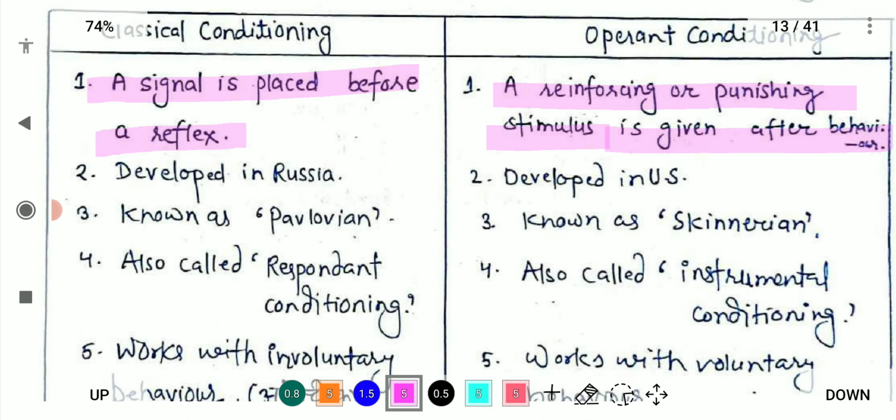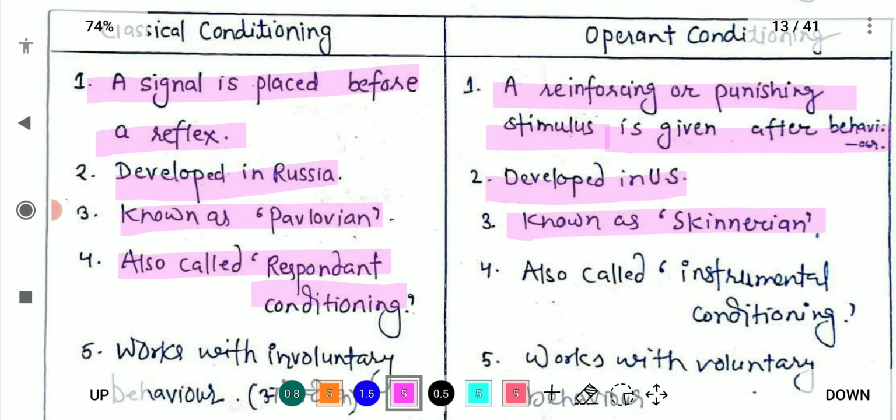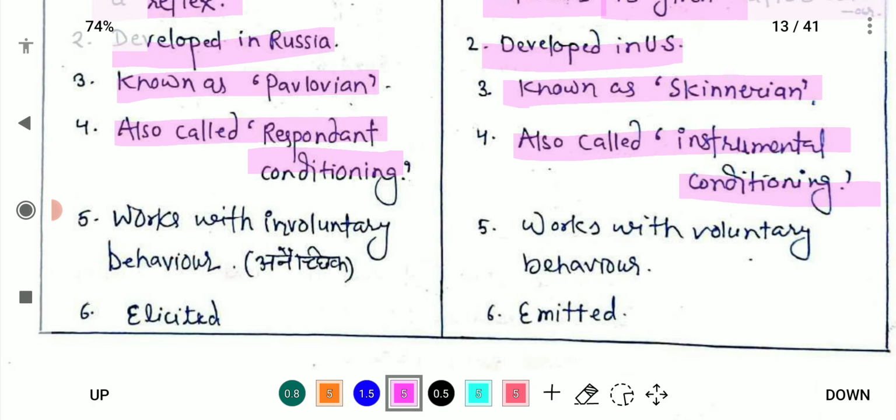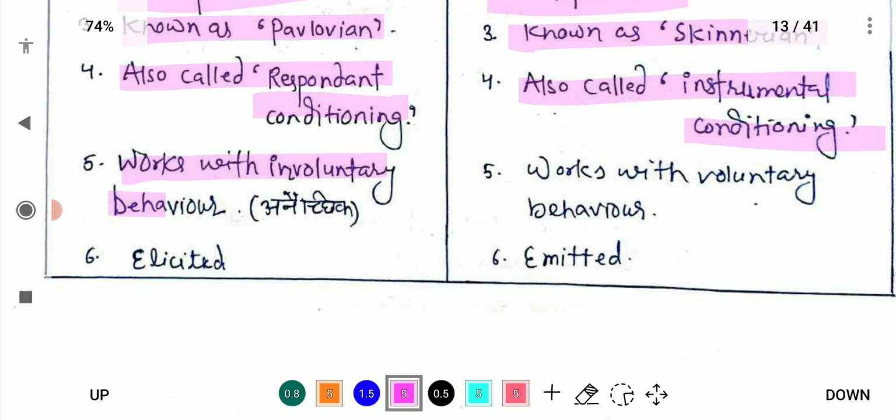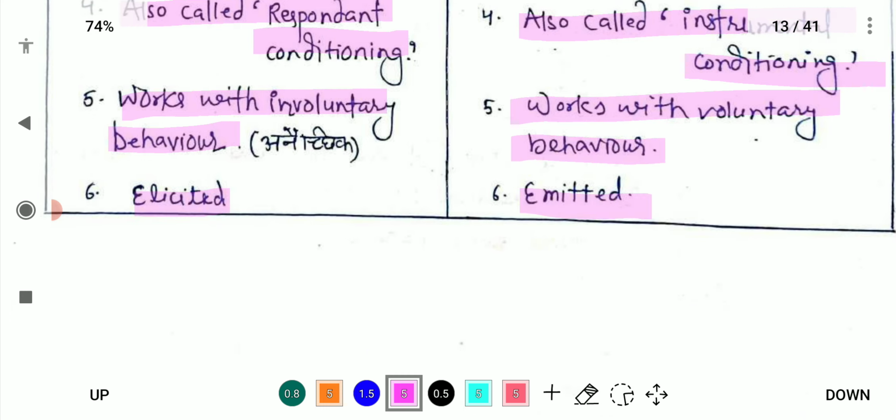Classical conditioning developed in Russia, known as Pavlovian, also known as respondent conditioning. Operant conditioning developed in the US, known as Skinnerian, also known as instrumental conditioning, because it comes under punishment, right? So they refer to it as instrumental conditioning. Classical works with involuntary behavior, elicited. Operant works with voluntary behavior, emitted.